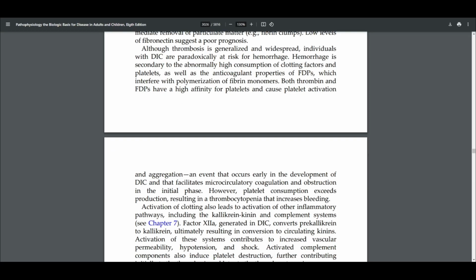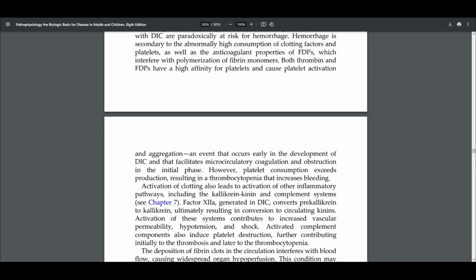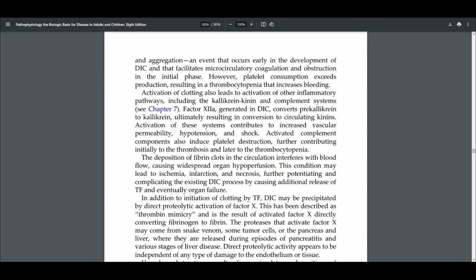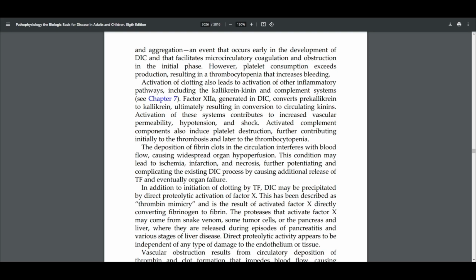Both thrombin and FDPs have a high affinity for platelets and cause platelet activation and aggregation, an event that occurs early in the development of DIC and that facilitates microcirculatory coagulation and obstruction in the initial phase. However, platelet consumption exceeds production, resulting in a thrombocytopenia that increases bleeding.